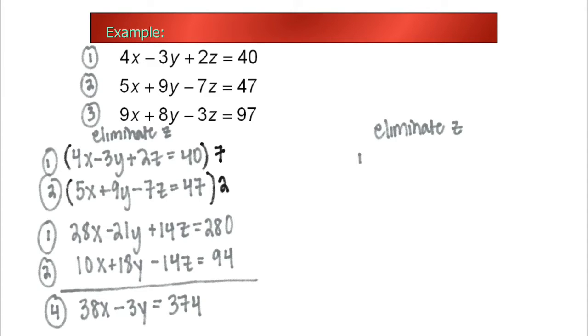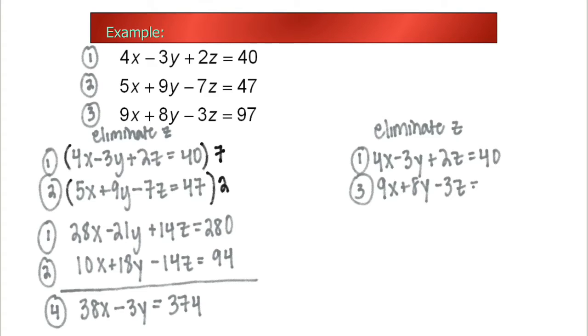I'm going to pick 1 and 3 because the 2 and the negative 3 look like they would be easier than the negative 7 and the negative 3. So we'll pick equation 1 and equation 3: 9x plus 8y minus 3z equals 97.